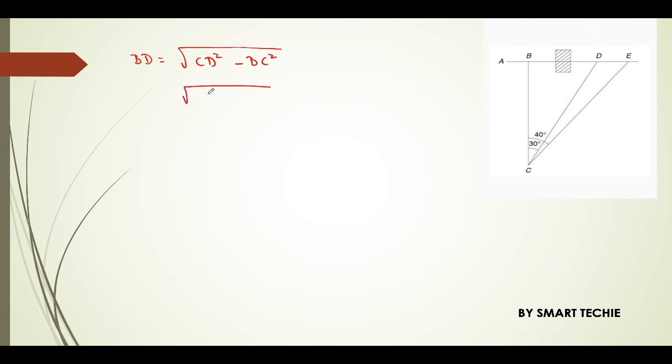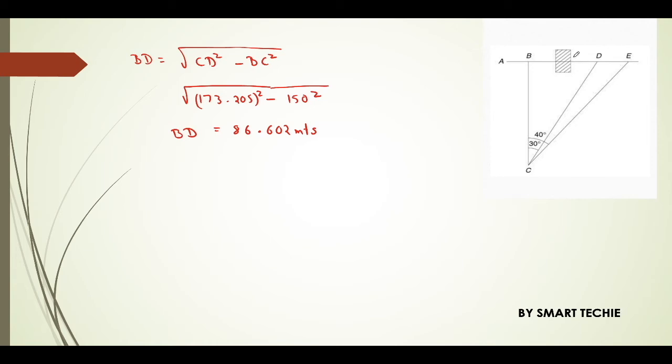CD, as we calculated, is 173.205, so we get the square root of 173.205 squared minus 150 squared. BD is 86.602 meters. So this is the distance of B and D.